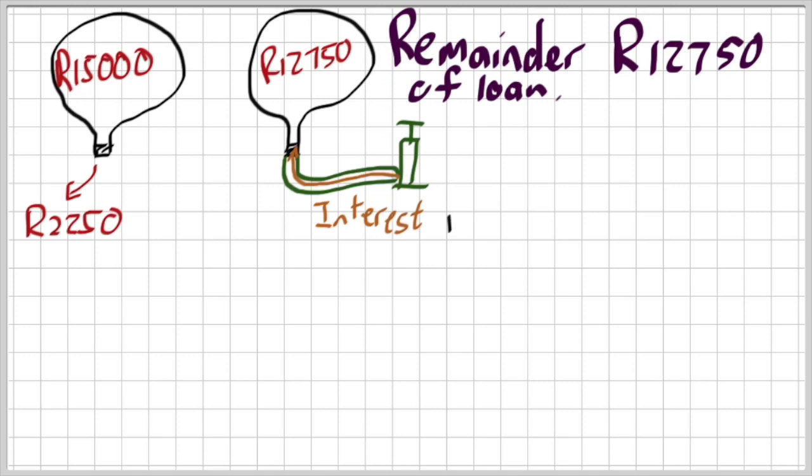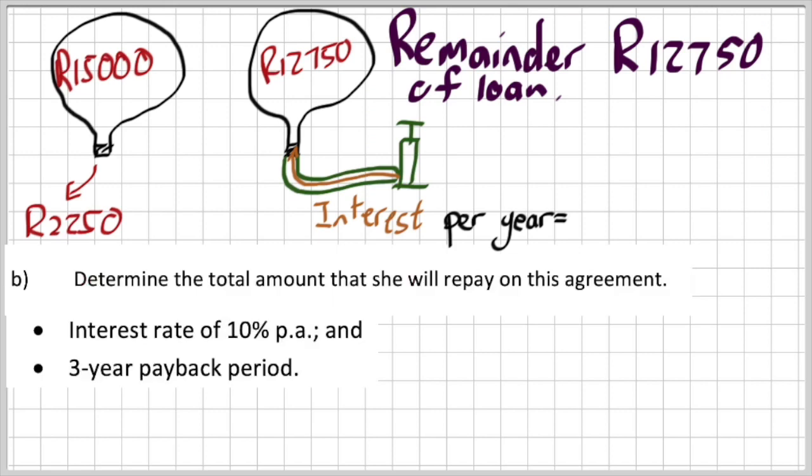And how much interest am I going to pay? The interest per year, according to the sum, is 10% per annum. So every year there's going to be 10% of what you still owe them, which is 12,750 Rand.